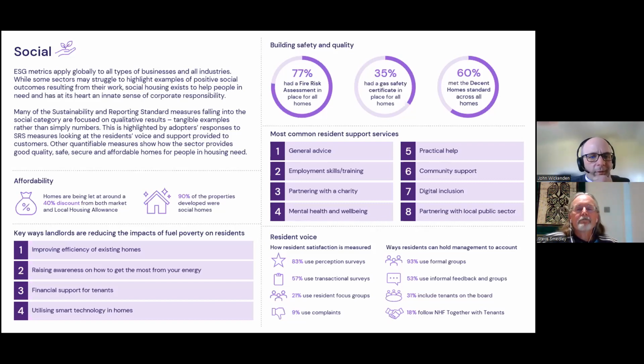Some of the things in building safety and quality, so we've got things like fire risk assessments and gas safety certificates in there. So that 35% is reflective of the COVID year. So in the early part of the pandemic, gas compliance just fell off a cliff, basically.